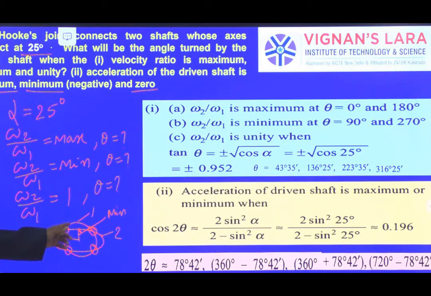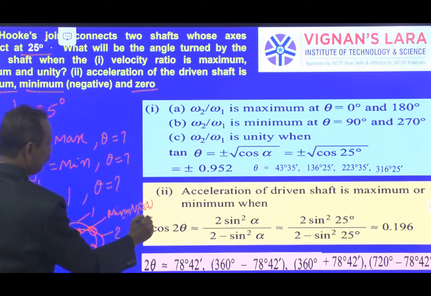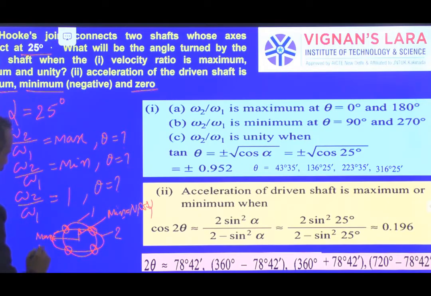These minimum and maximum values we already calculated in the previous problem: minimum is n1 cos α, maximum is n1 by cos α.